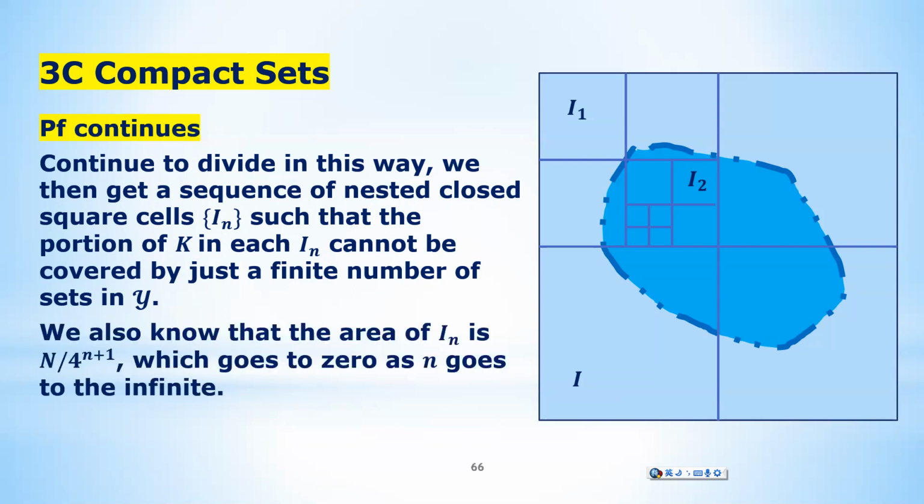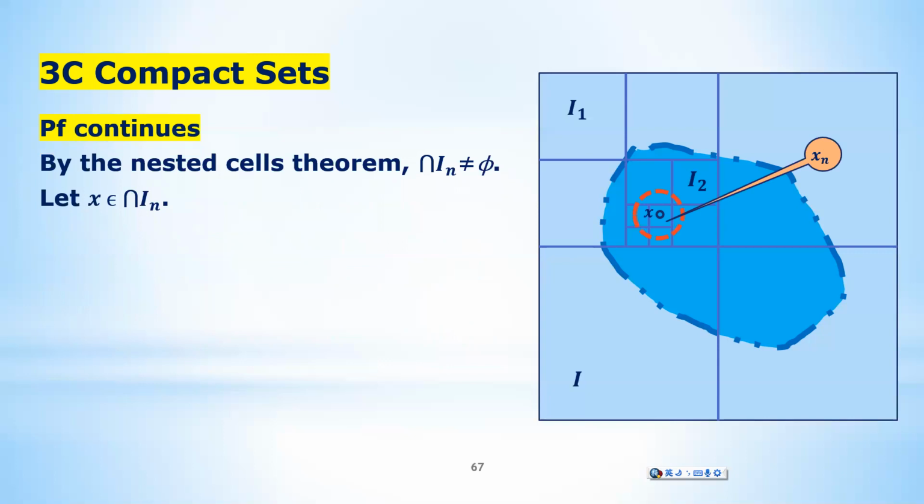We also know that the area of In is N divided by 4^(n+1), which goes to 0 as n goes to infinity, okay? So by the nested cell theorem, the intersection of In is not empty. So let's pick a point X in the intersection of In.